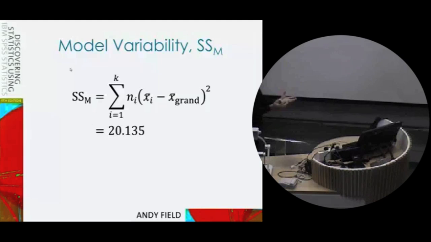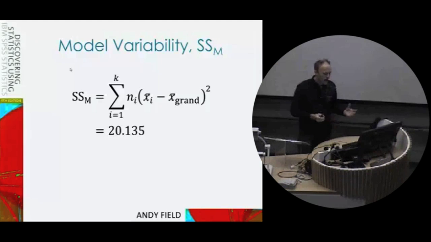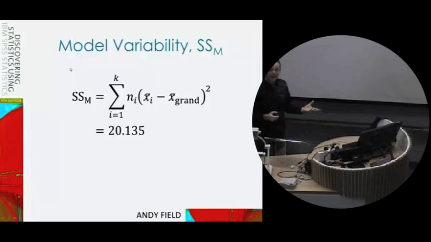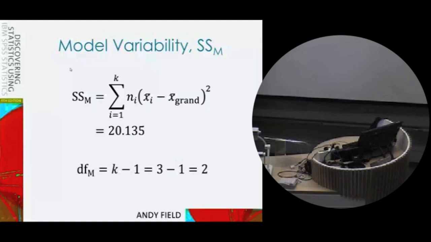Bearing in mind, we started off with about 44 units of variation to explain, and our model can explain about 20 of them. In terms of degrees of freedom, what did we use to compute our sums of squares? We used the group means, and there were three group means. So it becomes 3 minus 1, which is 2.